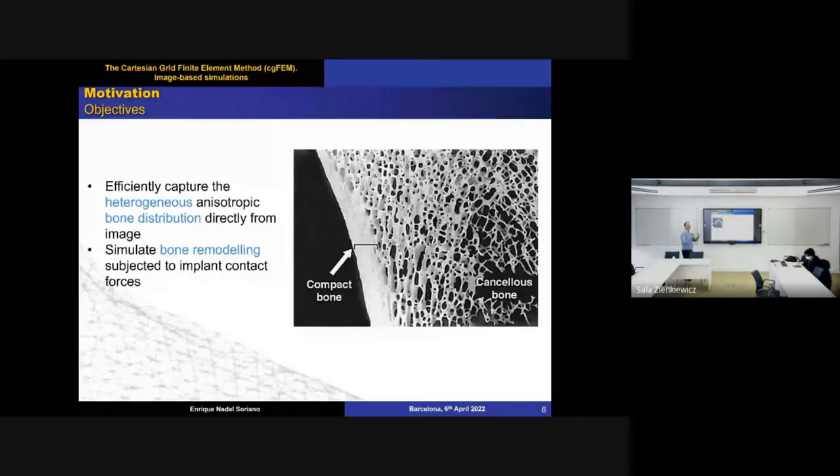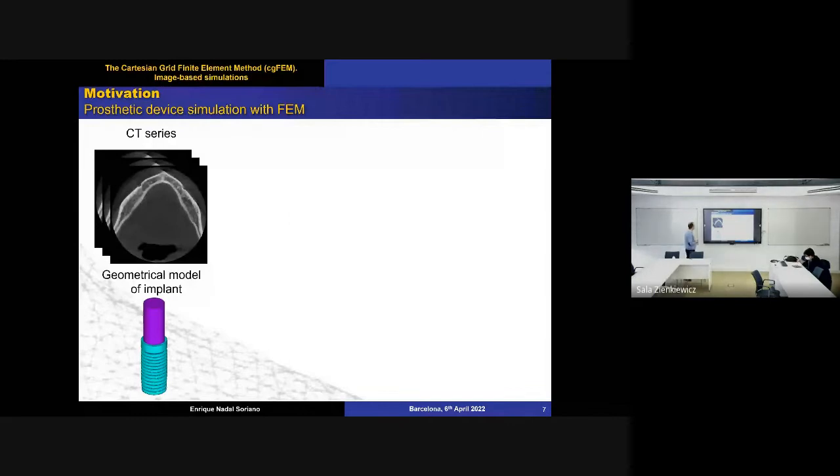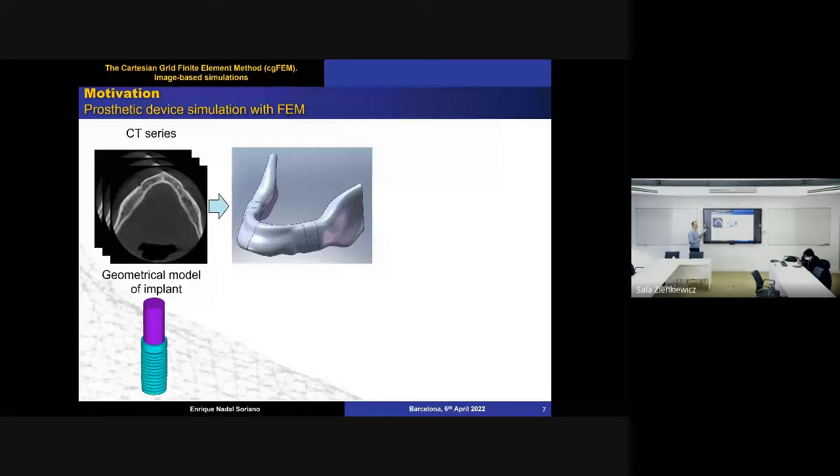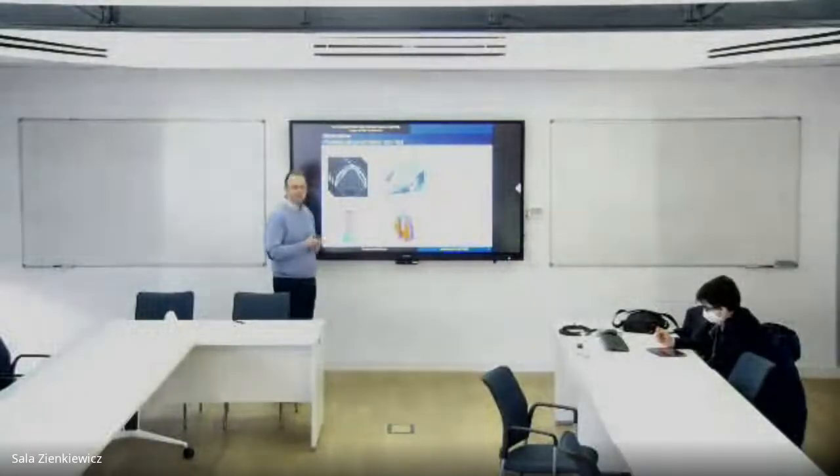Well, in the standard finite element framework, we have on one side a series of CT images composing a 3D image, and also, for instance, a CAD model of an implant. Normally, from the CT image, with a very tedious procedure, we build a CAD geometry, for instance, of a mandible, and we put an implant there, and we can more or less specify the two kinds of bone, the cortical bone and the trabecular bone, giving some material properties to them.